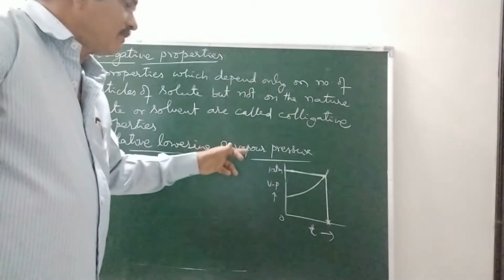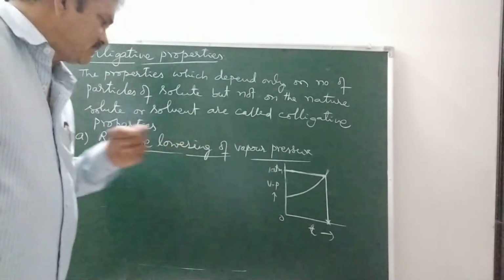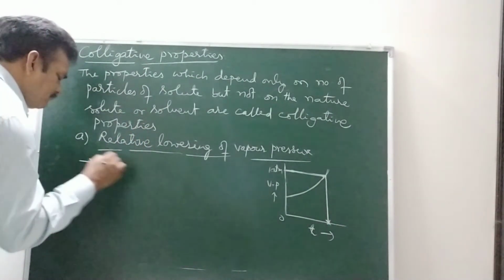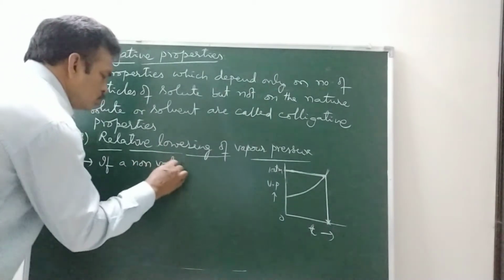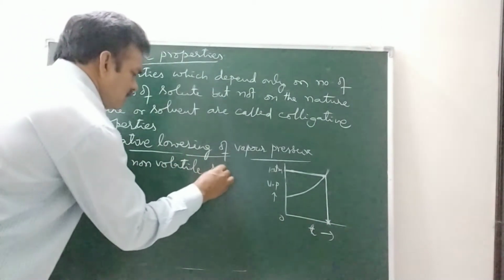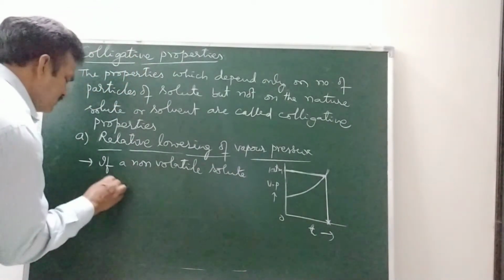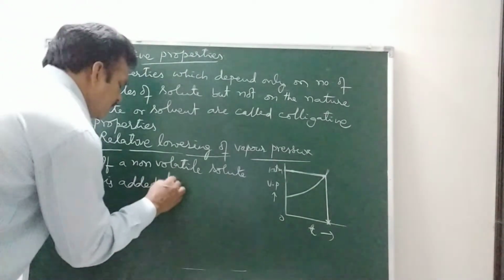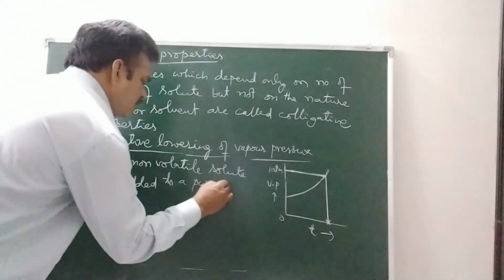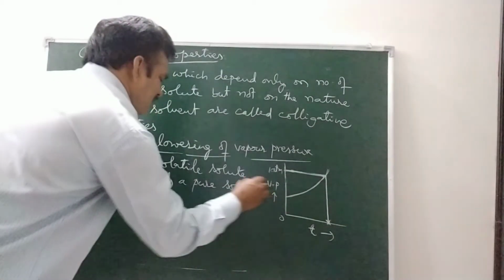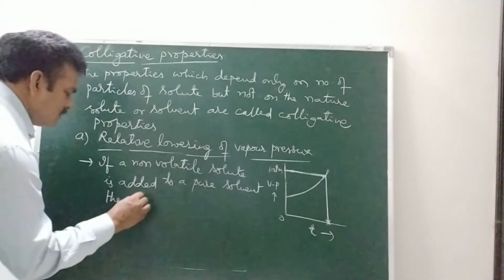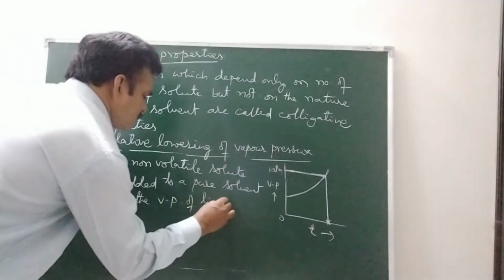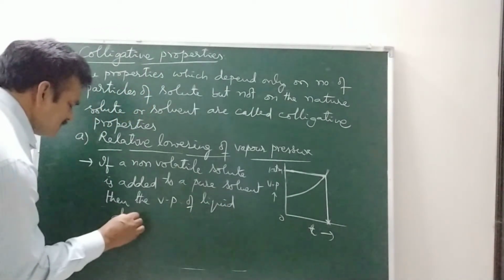Okay, relative lowering of vapor pressure. That means if a non-volatile solute is added to a pure solvent, then the vapor pressure of that pure liquid decreases.